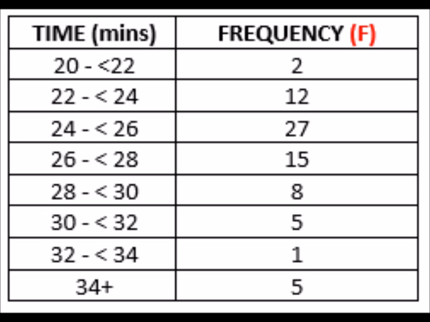So an easy way to include this in the data is creating a new time category of 34 plus minutes. Since there were 5 students that ran in 34 plus minutes, we can set the time parameter to 34 plus minutes and set the frequency to 5. So this could be a new row added in our data.